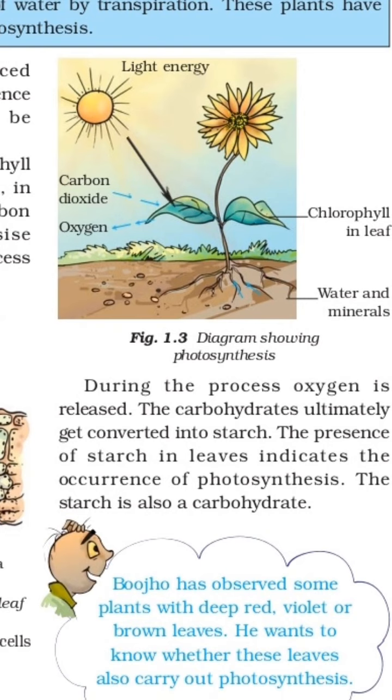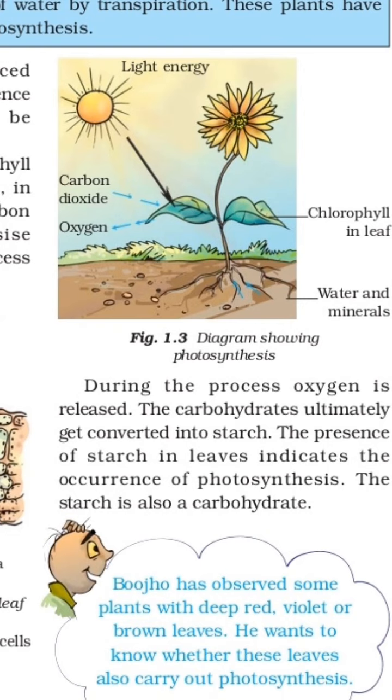Today we will learn how humans and animals directly or indirectly depend upon plants: the mode of nutrition in plants, and the brief process of photosynthesis.